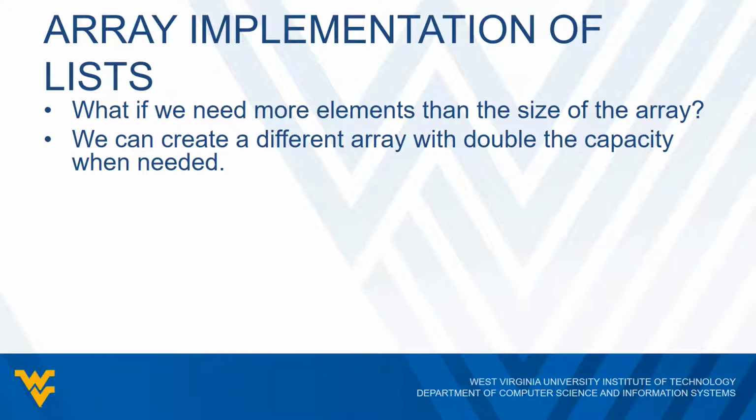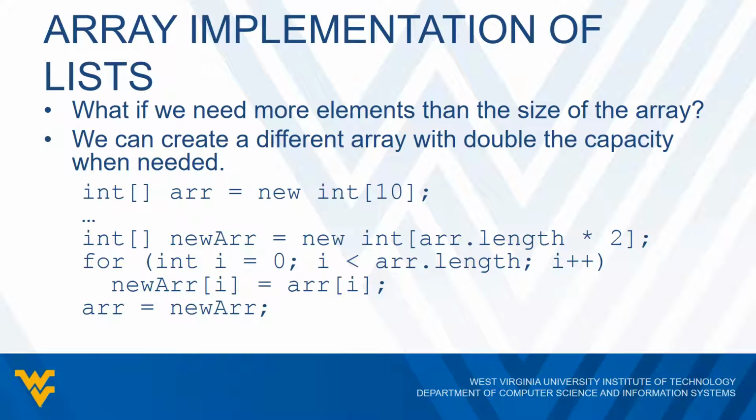So let me give you an example of some code that does this. Here in our example, we create an array. Initially it can store 10 integers. And maybe we do some stuff with it, and we find that we need a larger array. So we'll create a new array, which I'm going to call newR, and we'll create a new integer array.